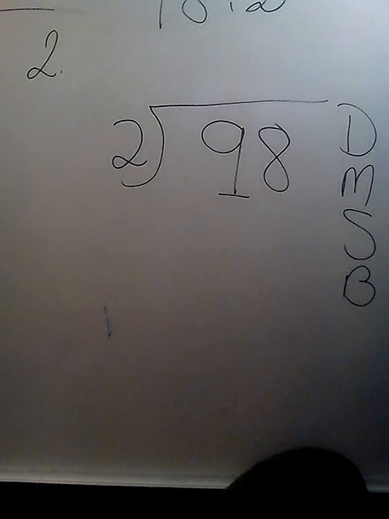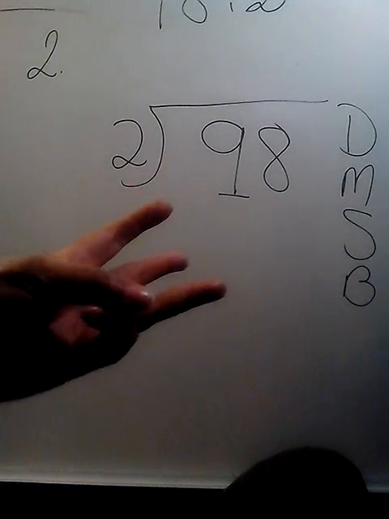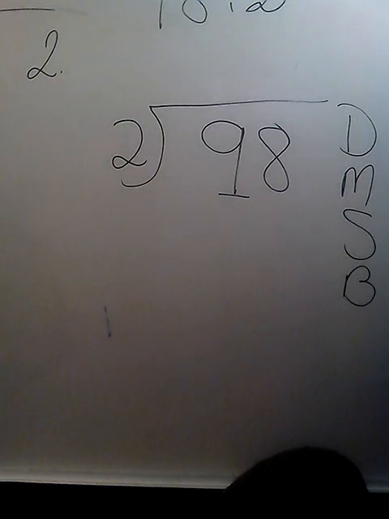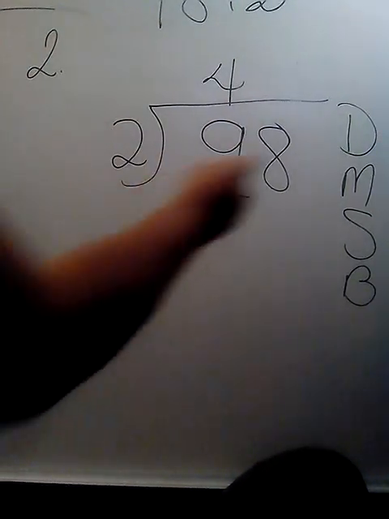I passed over 9. So that means I need to go 1 below 9 because I need to get close to 9 without going over. So 2, 4, 6, 8. I have 4 fingers up. That 4 goes on here. That's my quotient. I just divided.